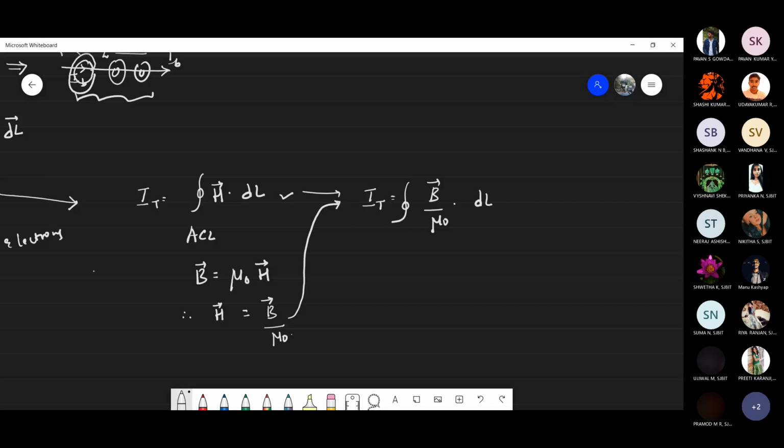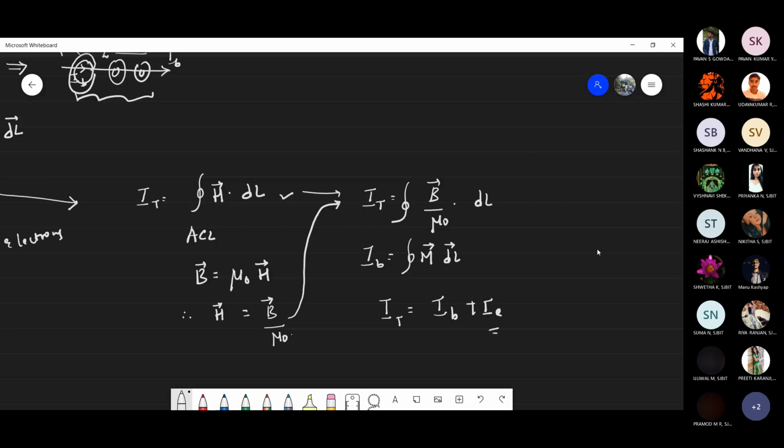And I know IB is equal to, what is IB equal to? M dl, that is magnetization into dl. So can I calculate the free electrons or free current here? So what is the equation for total current? Total current is equal to IB plus IE, right? IB plus IE.